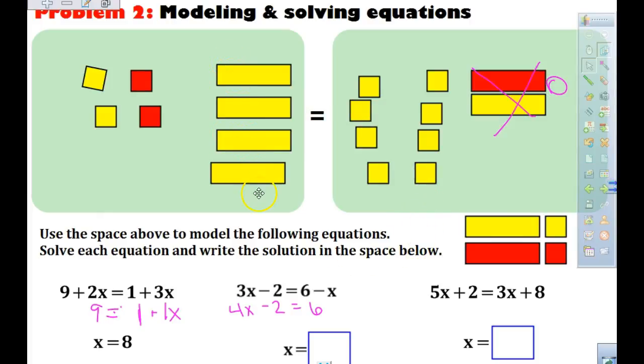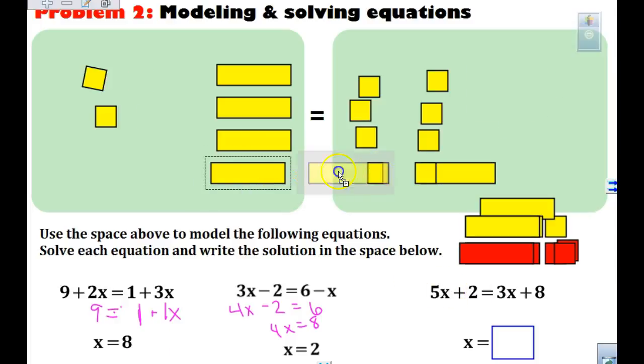So we now have 4 x's equaling 8. Okay? If 4x equals 8, what does our x have to be equal to? 2. X has to equal 2. Across from each x, there are 2 of them. Please try this last one right now, and then we'll put the 3 x's from the other side on that last equation.